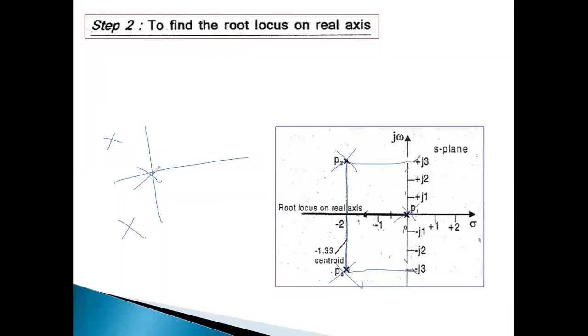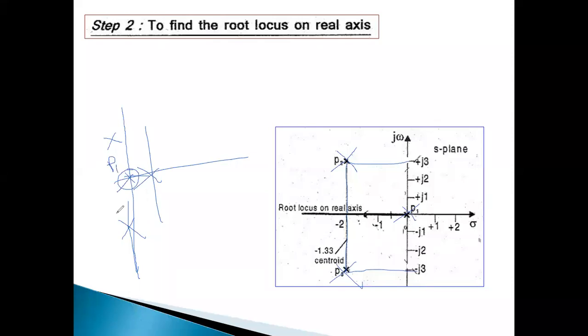Three root locus branches start at these poles. How do they start, in this direction or in this direction? The first step is to identify whether the root locus is present on the real axis or not. For that, as already discussed, we have to consider a test point. Assume some test point P1 on the real axis.